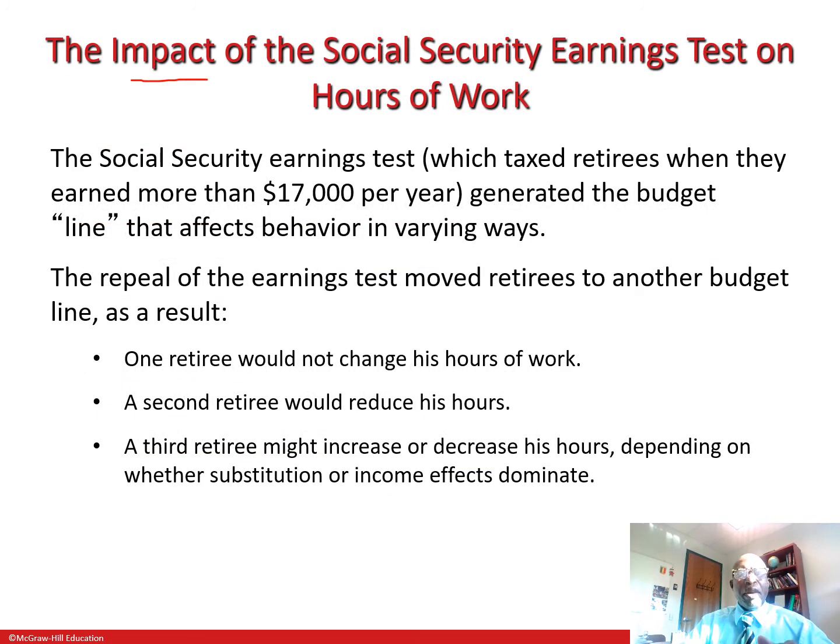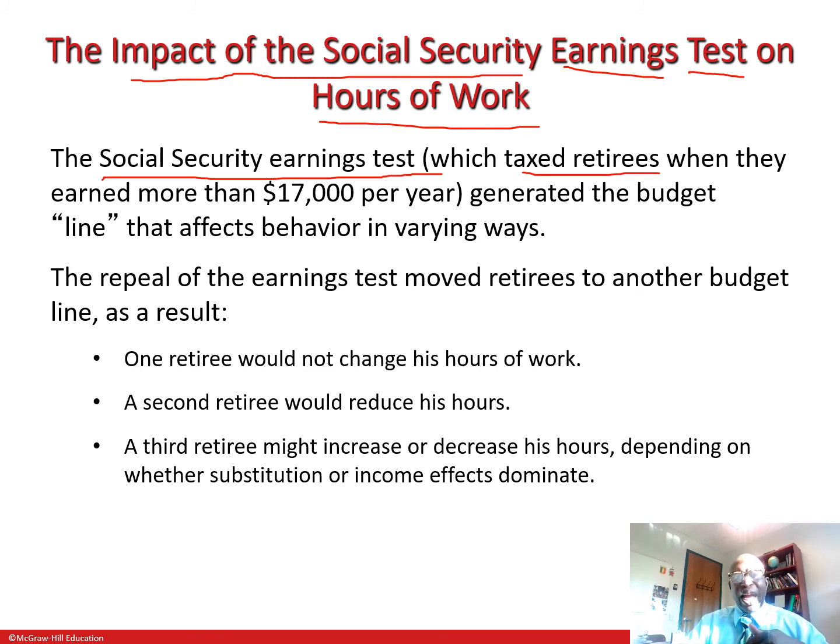So, what is the impact of the Social Security earnings test on hours of work? The Social Security earnings test, which taxes retirees when they earn more than $17,000 per year, generates a budget line that affects behavior in several ways.